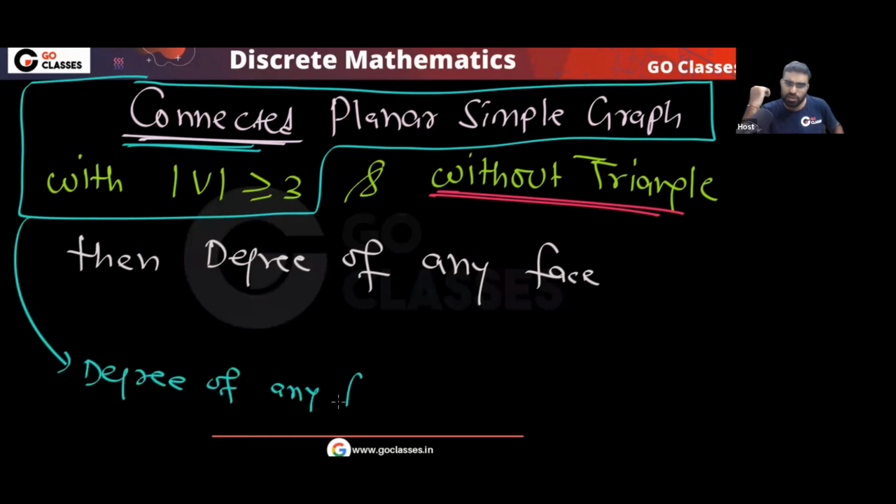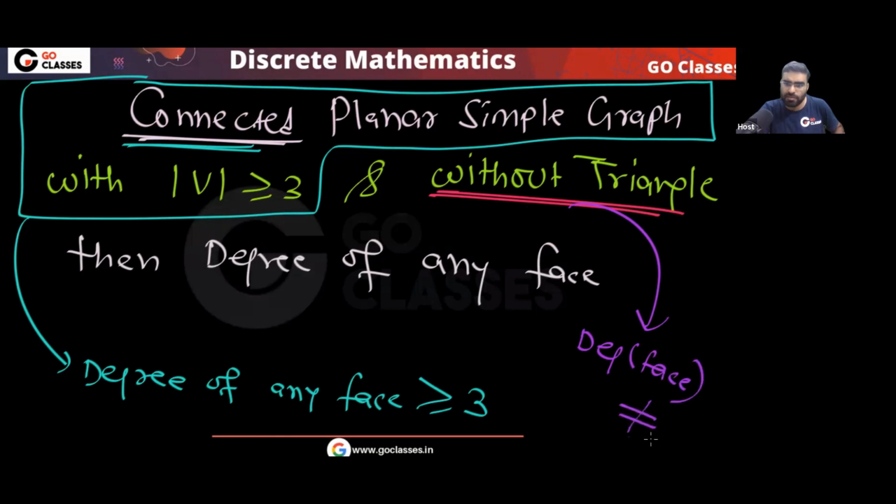If I only give you a connected planar graph with at least 3 vertices, then the degree of any face will be greater than or equal to 3. Yes or no? And if you have no triangle, that means degree 3 is not possible. The degree of a face cannot be 3.